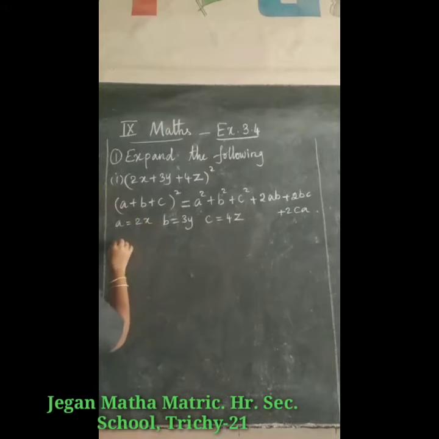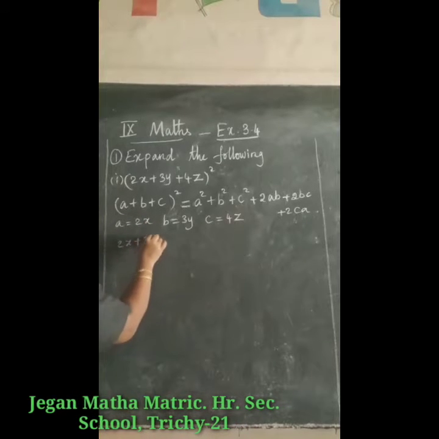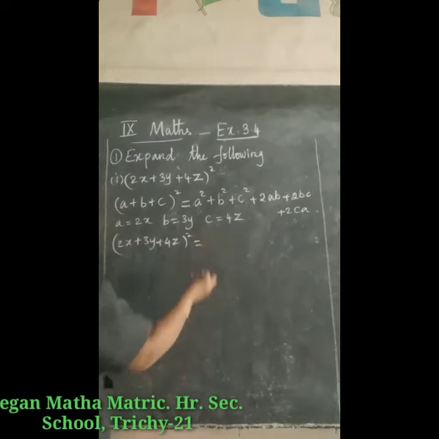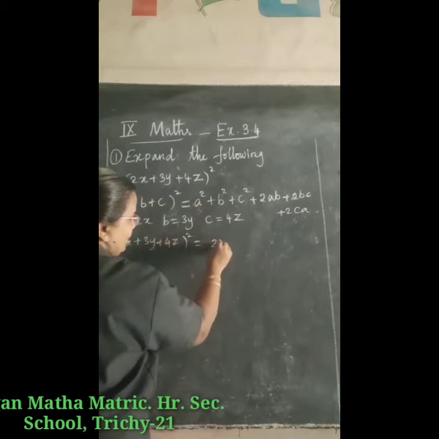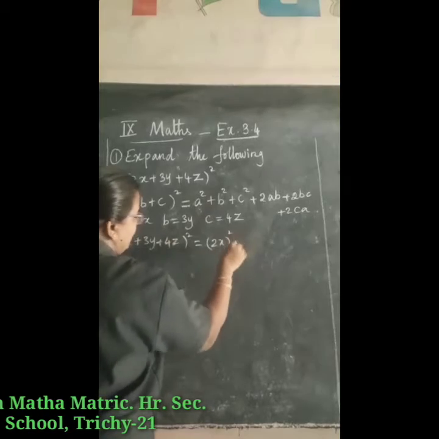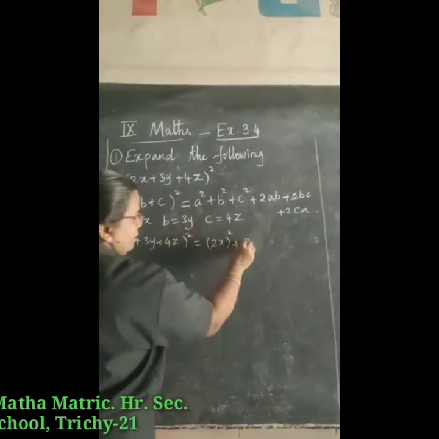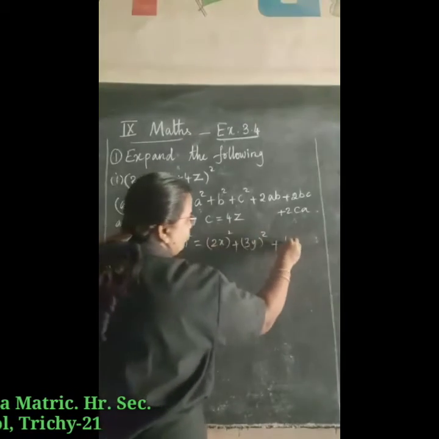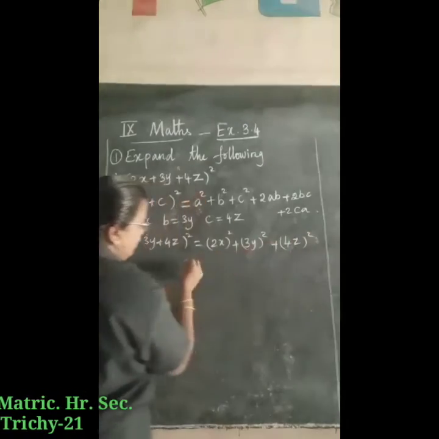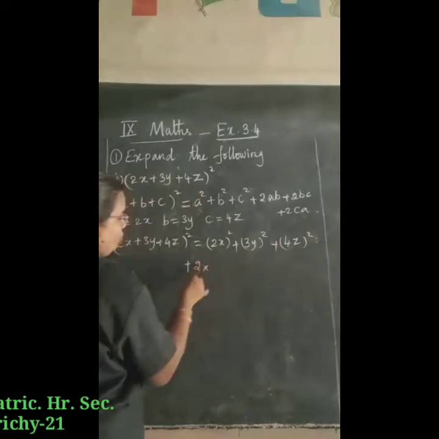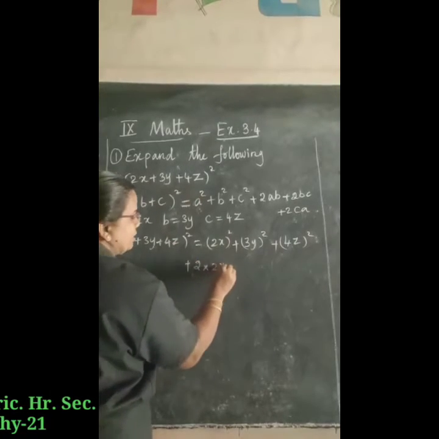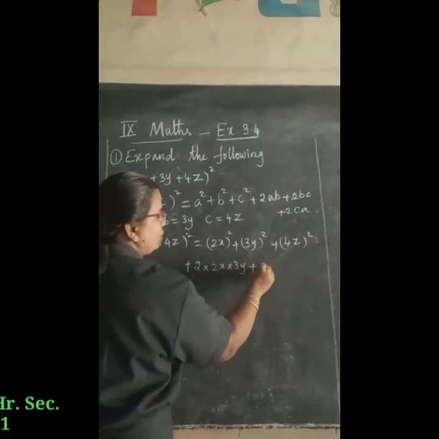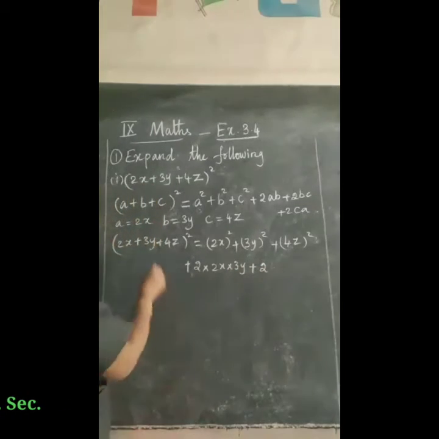Now you substitute. (2x + 3y + 4z) the whole square is equal to a square, that is (2x) the whole square, plus (3y) the whole square, plus (4z) the whole square, plus 2 into what is a? 2x into 3y b, that is plus 2 into bc, what is b?